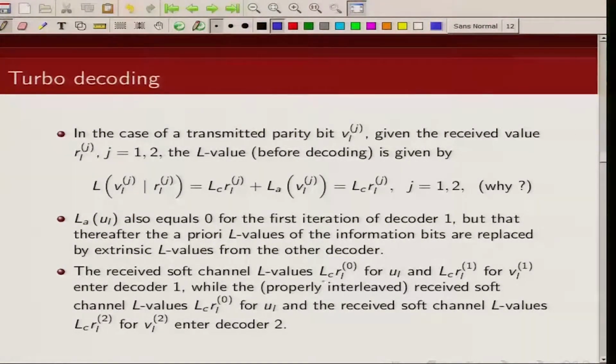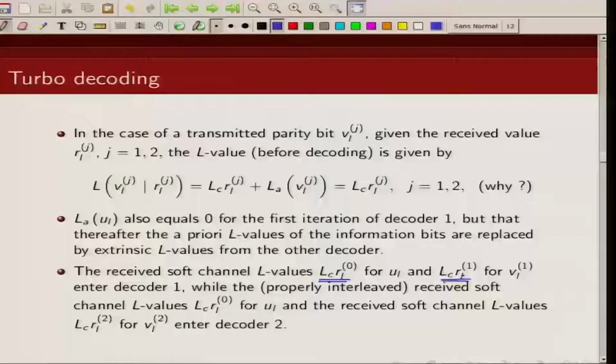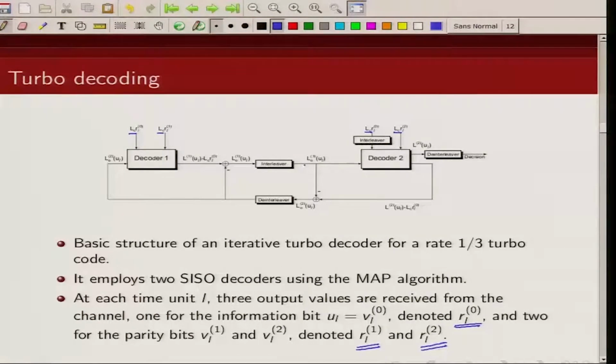And again, the received values that we got from the channel, LC RL0, RL1 and RL2, remember to feed them in proper order when you are feeding decoder 1 and decoder 2, and this we have explained earlier. You can see when we feed the extrinsic information from decoder 1 to decoder 2, we are interleaving it.